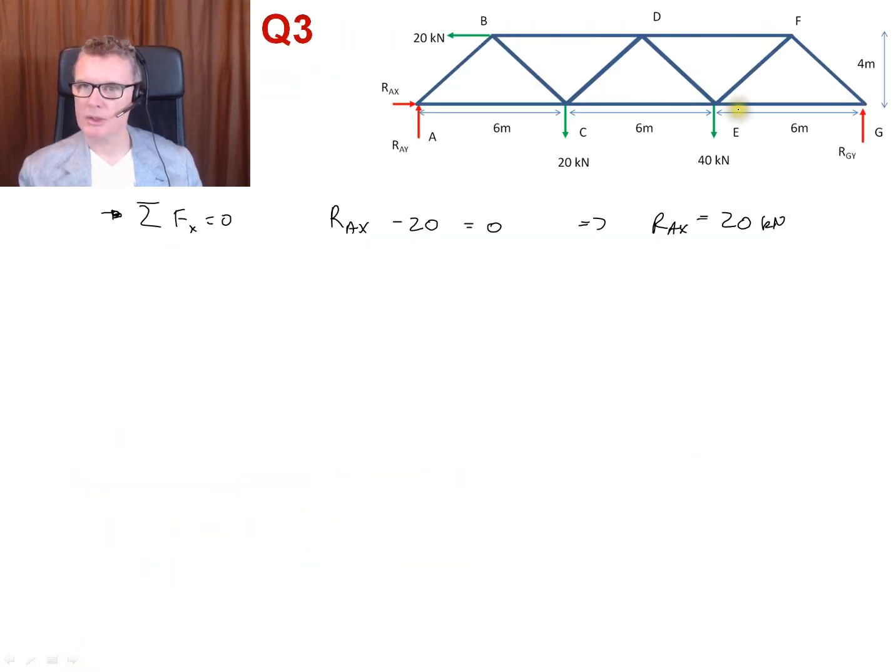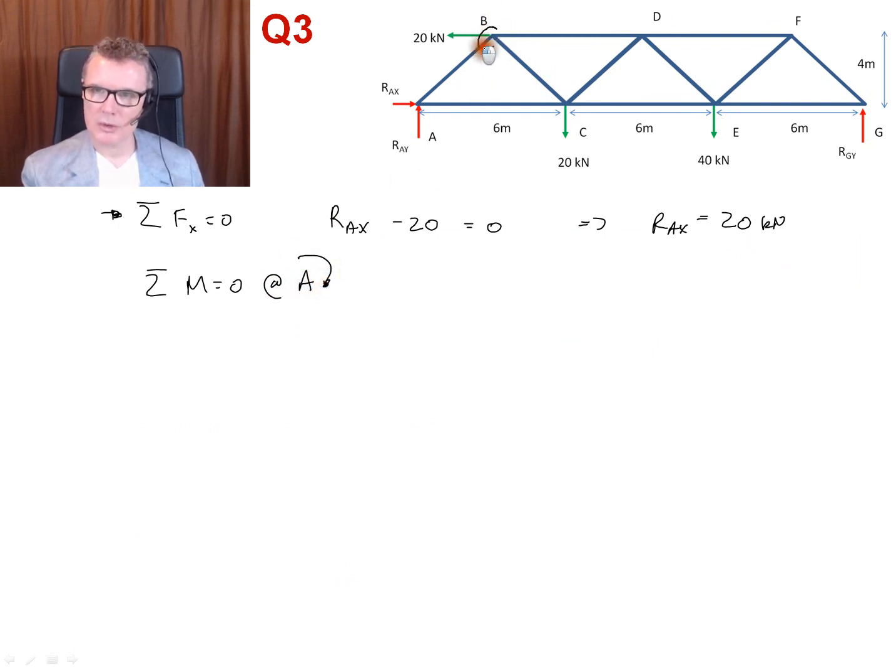Now let's take moments at A. We'll go clockwise. Now the tricky one, of course, is to remember this moment here. This has got a distance of 4 meters. That's going anti-clockwise, so minus 20 times 4.